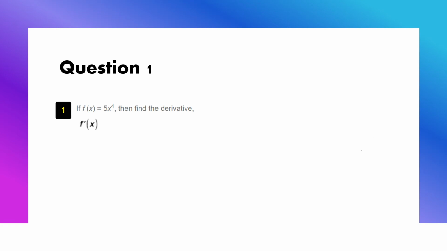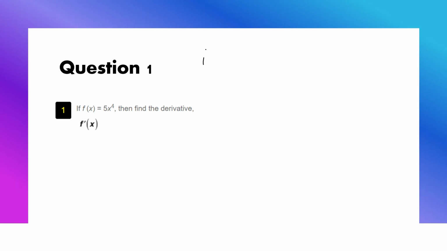I have the question: f of x equals 5x to the power of 4, then find the derivative. See, f dash x shows it's a derivative. Let me get my pen. I'm going to write the power rule on the side. Oh, my pen just disappeared.